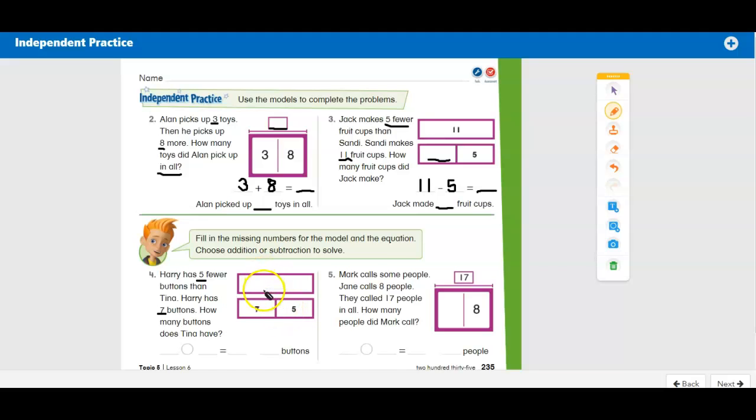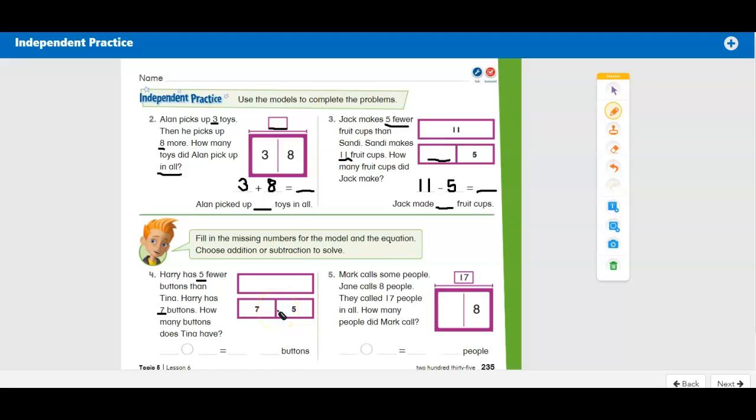We can see that the top part of our model is missing. We know that we always put the total in the top part of our model. So if we are missing the total, do we need to add together 7 and 5, or do we need to subtract 7 and 5?